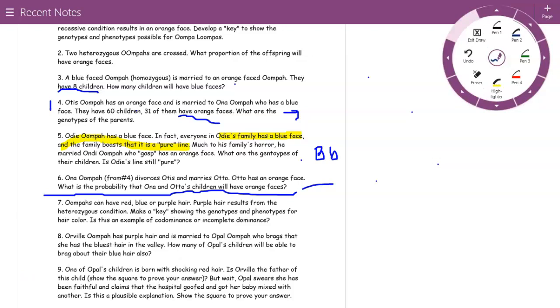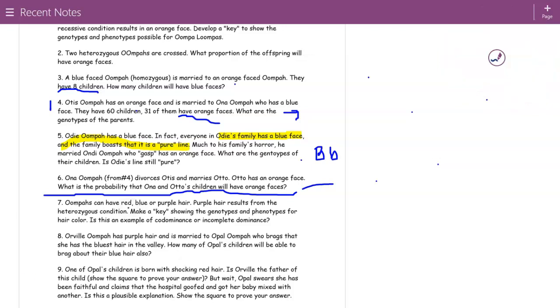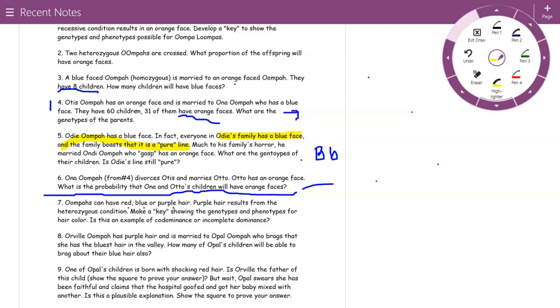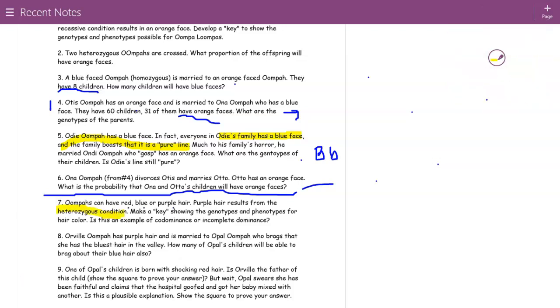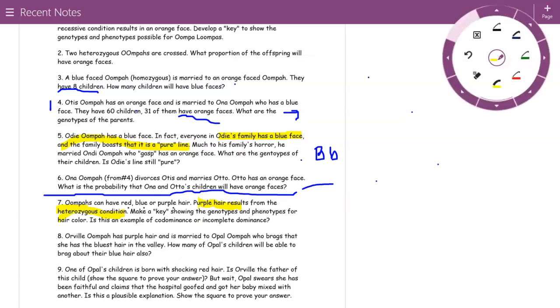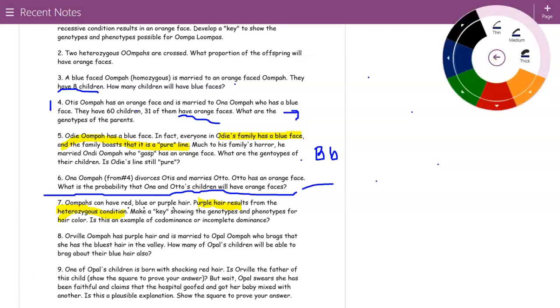Okay, so here we go. Oompas can have red, blue, or purple hair. Purple hair results from the heterozygous condition. Now that you have an intermediate, purple hair, you get a different color from the heterozygous condition.